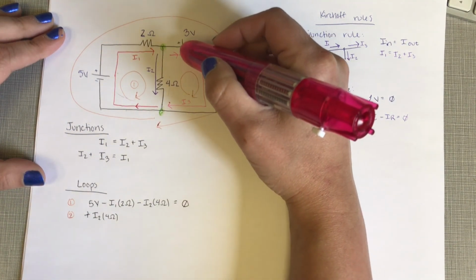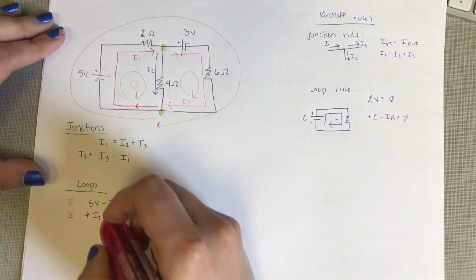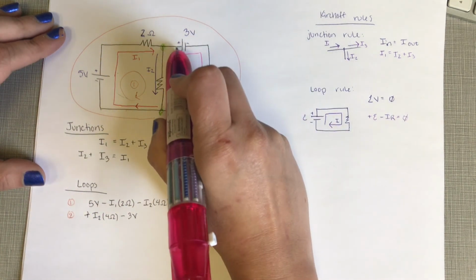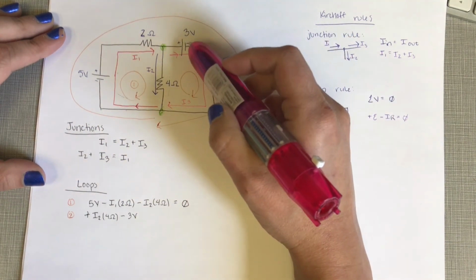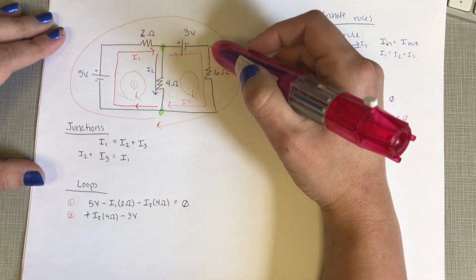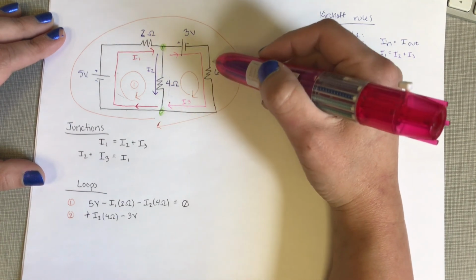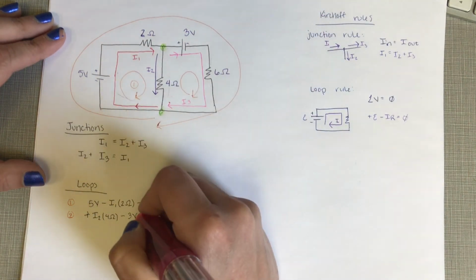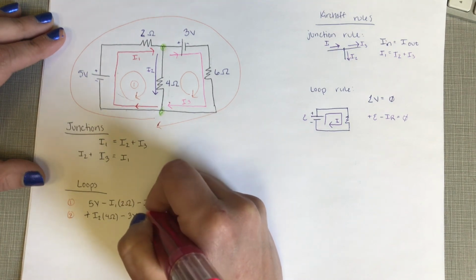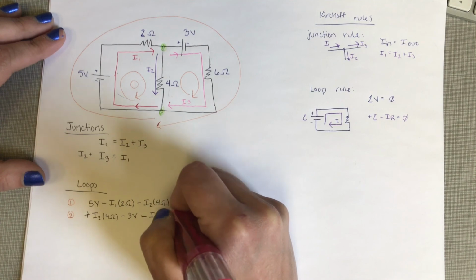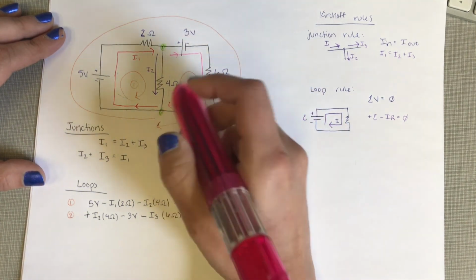Now I'm going against the battery. So it's going to be minus 3 volts because I'm dropping from plus to minus. When I come this way, I'm going with the current now, because my pink current's going this way. So it's going to be minus I3 times 6 ohms. And now I'm back to where I started.